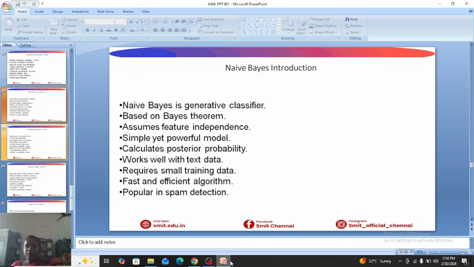Bayes theorem formula: P of C given X equal to P of X given C into P of C, whole divided by P of X. There are three types of Naive Bayes: Gaussian Naive Bayes, used for continuous data; multinomial Naive Bayes, used for text classification; Bernoulli Naive Bayes, used for binary features.